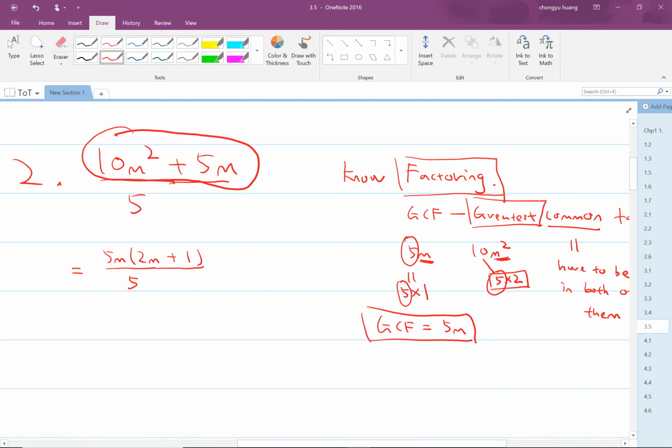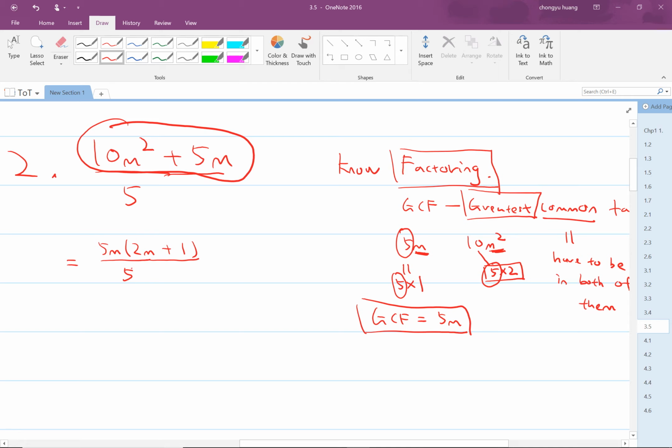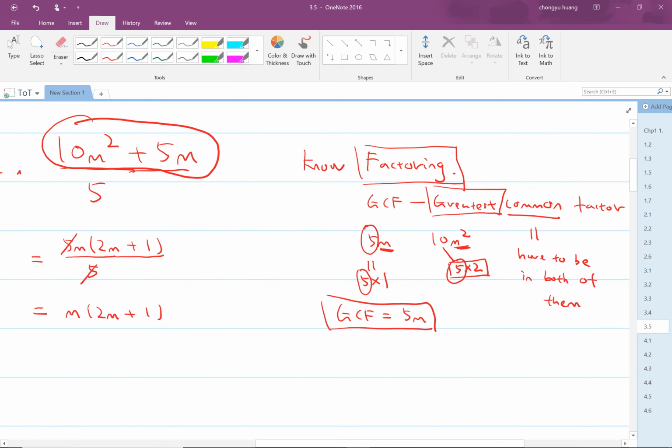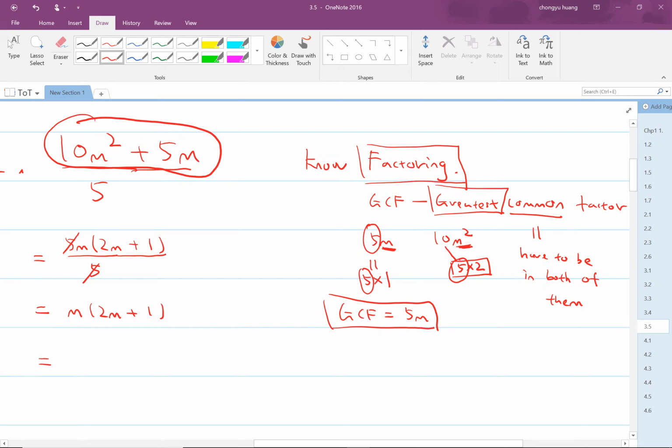So now things become easy, right? You can cancel 5, and after you cancel 5, all that is left is 2m plus 1, right? So we have to simplify.